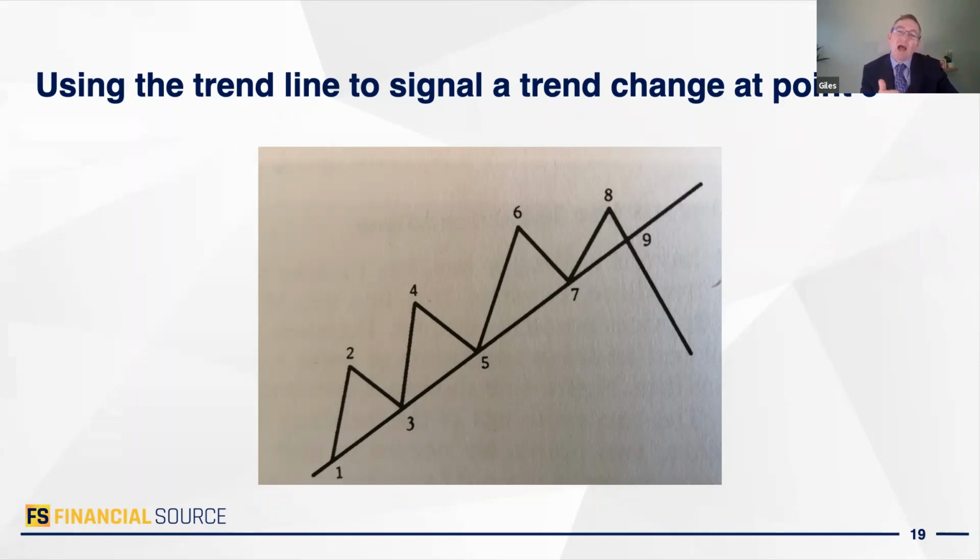Because price has broken down through the trend line, that is now a probable trend change. It's not a definite trend change, it's a probable trend change. Then you have a reversal, maybe if it moves back up and rejects the bottom of that trend line, and if it takes out the previous low, it will be a change of trend, a 1, 2, 3 trend reversal. I'll show you an example of that.